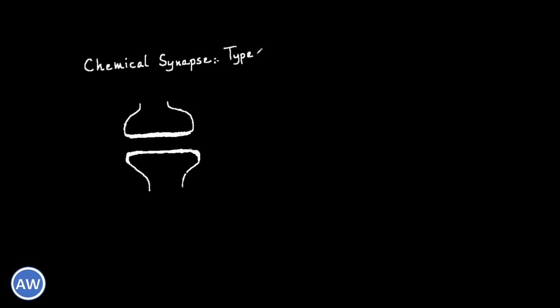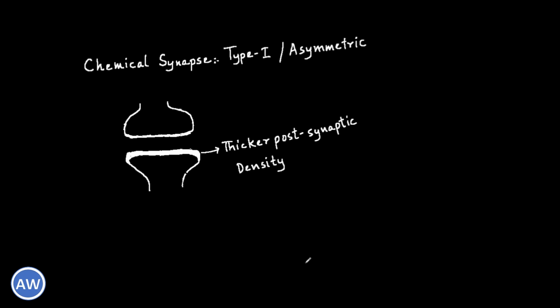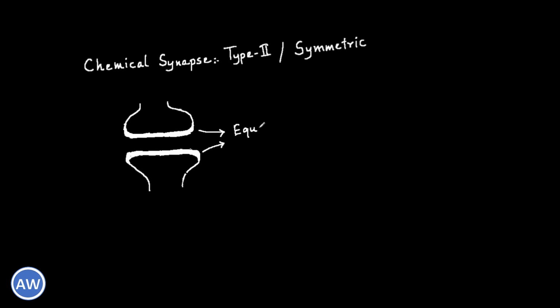The type 1 synapses are also known as asymmetric synapses, since their postsynaptic density is thicker than their presynaptic density. The type 2 synapses are also referred to as symmetric synapses since the two densities are of equal thickness.